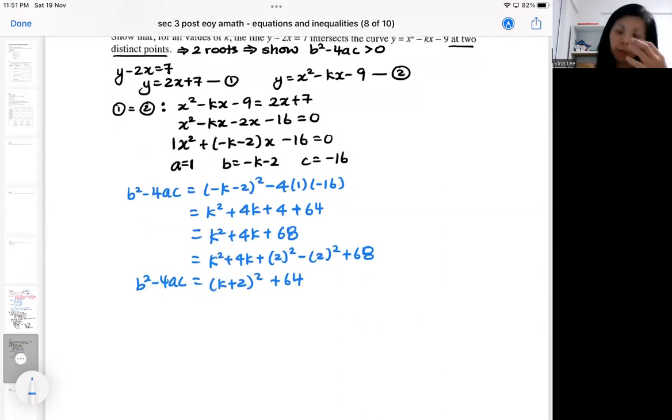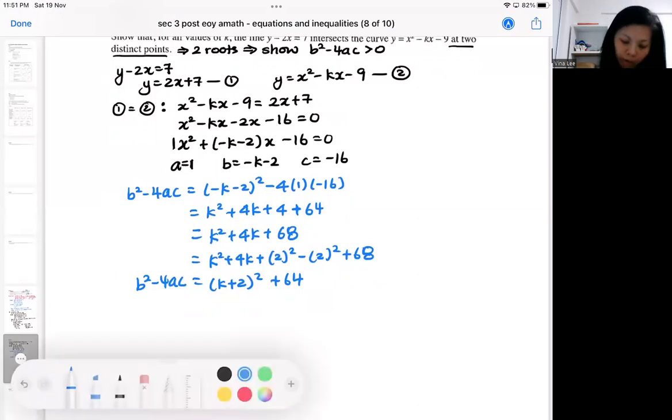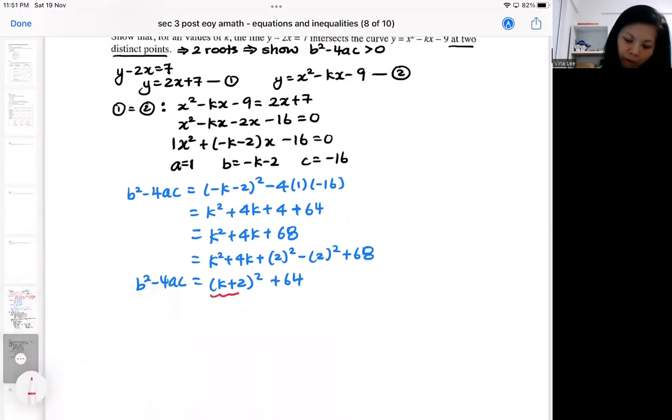From the expression of the discriminant, you have to deduce that it will always be positive. The explanation part lies on the square. Anything that is squared is always positive.